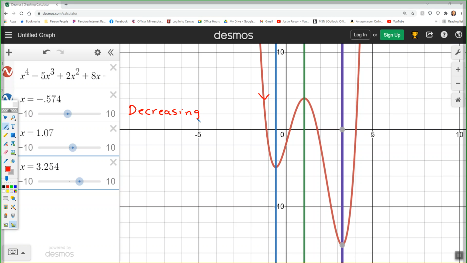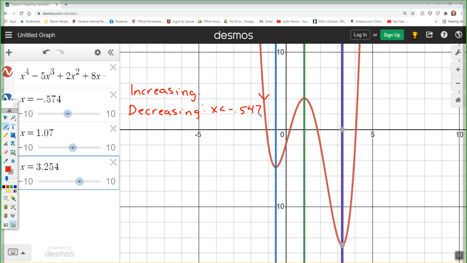Was increasing up top on your notes? Yeah. Okay, I'll do it this way. So it's decreasing to start. This is X left of what value here? Negative 0.574. So for X values less than negative 0.574.